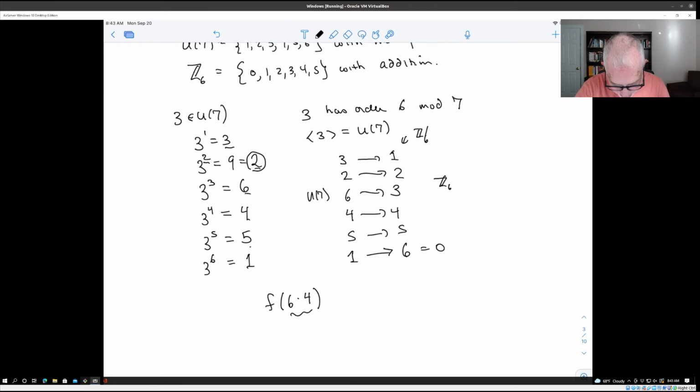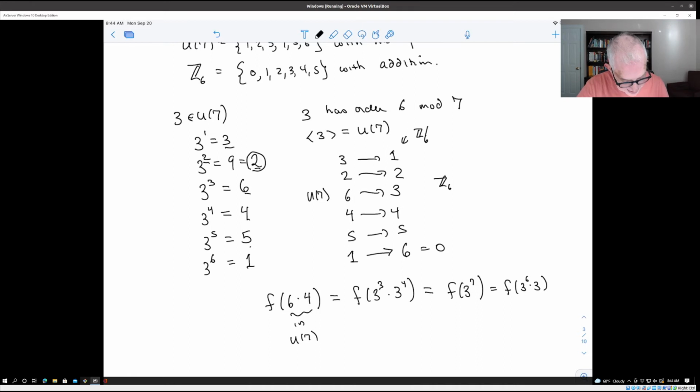This, remember, is in U of 7. Well, 6 is 3 cubed, and 4 is 3 to the 4th. So f of 3 cubed times 3 to the 4th is f of 3 to the 7th. But that's f of 3 to the 6th times 3.